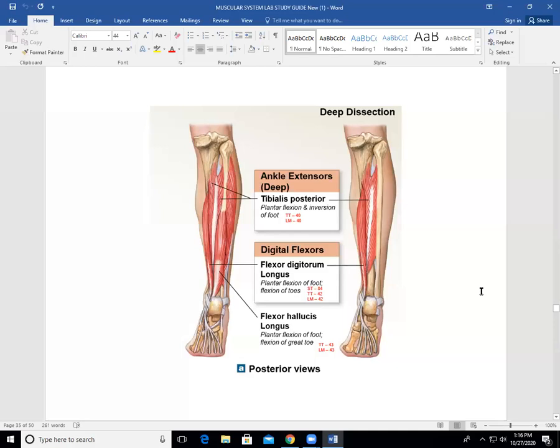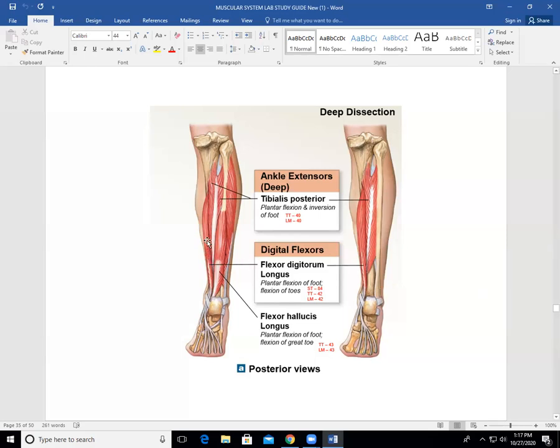Okay, so these are some of your deeper muscles. If you actually remove the gastrocnemius and the soleus, you're able to see tibialis posterior, which is involved in plantar flexion and inversion of the foot.